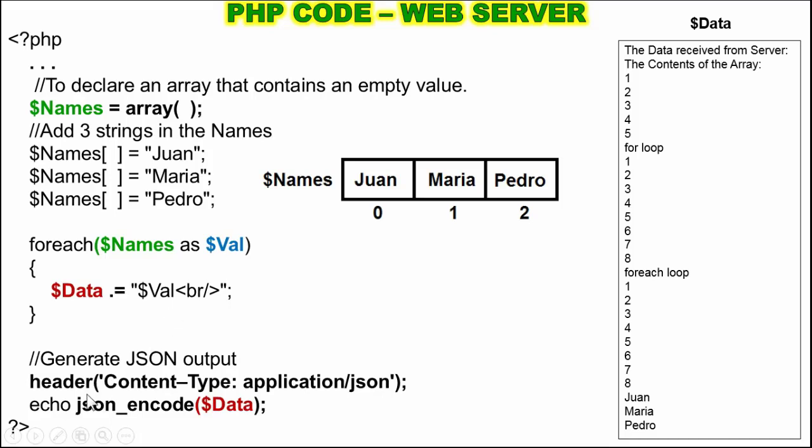The header command sets the type of package, which is JSON. The json_encode command converts the argument data into JSON format. The echo command will send the JSON package to the client computer. The contents of the JSON package contain string values.